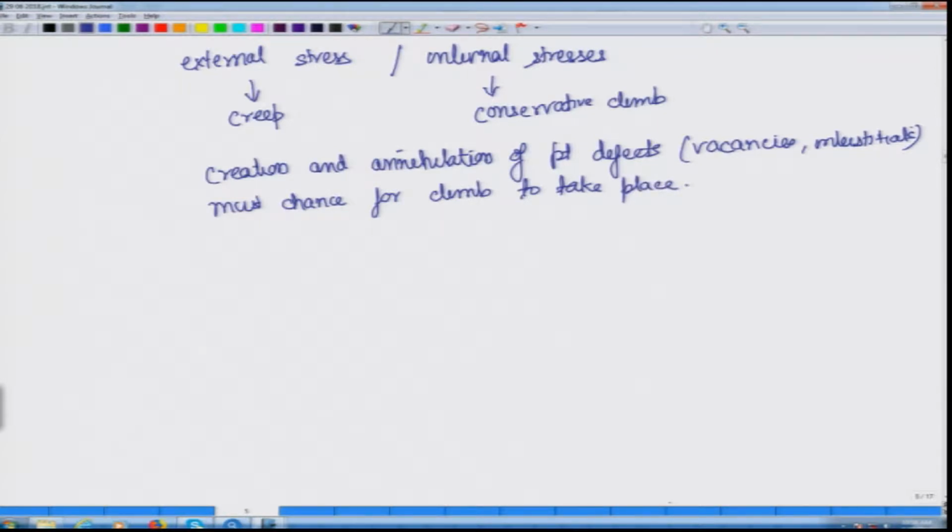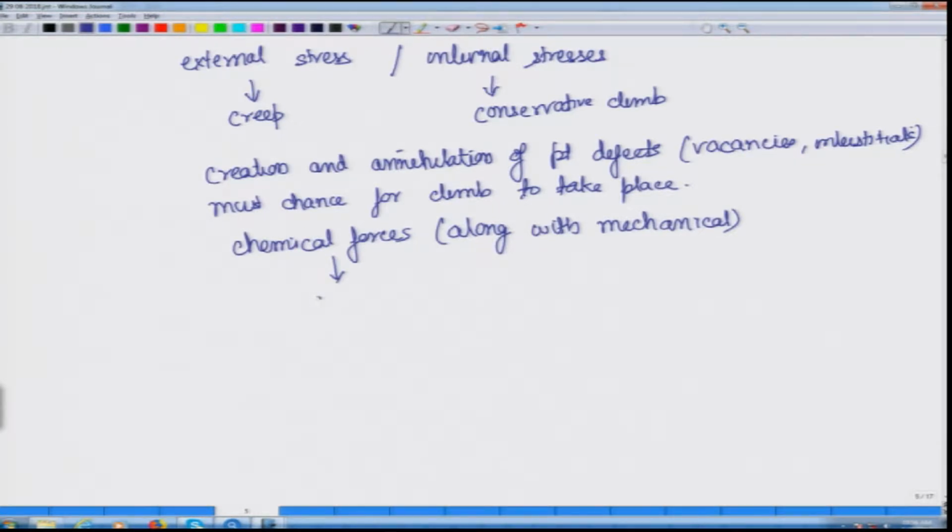Now, this particular concentration can also change because of chemical forces. So, you have to take into account chemical forces along with the mechanical forces. And whenever there are chemical forces, then the equilibrium concentration of these point defects will change.